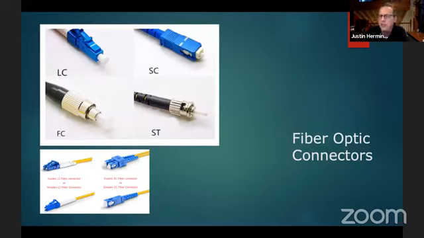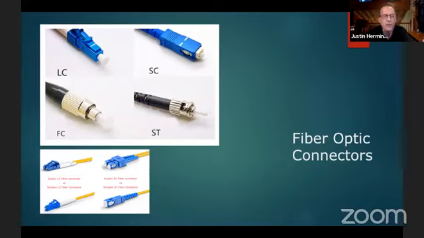It slides in and latches just like a modular connector. Your SC is a push-pull. The FC, which is a thread-on, which you see a lot in the angled polishes, and the STs, which is a little mini bayonet, just sort of like a BNC. If you spend a lot of time around TV trucks, you'll see a lot of the STs.